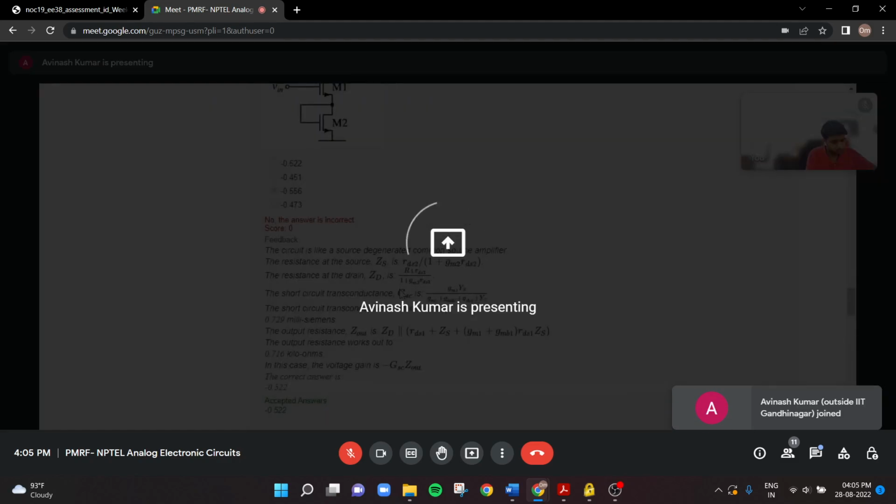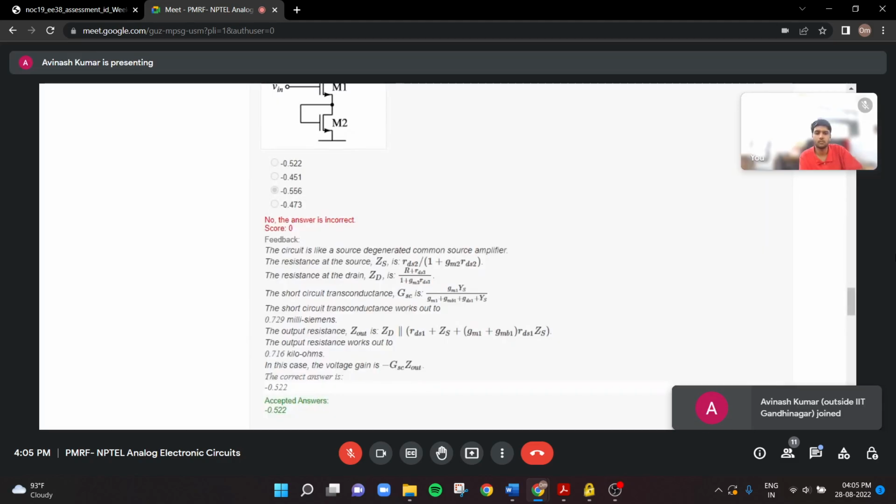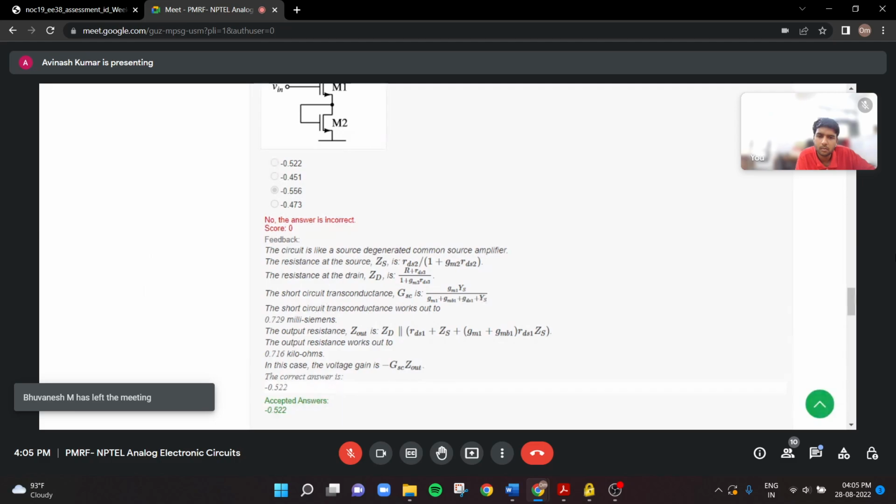So here, this is the ZD. I'm getting in the numerator one more term in addition to this. That is GM 3 times RDS 3 times R.